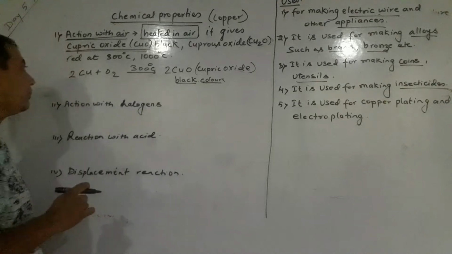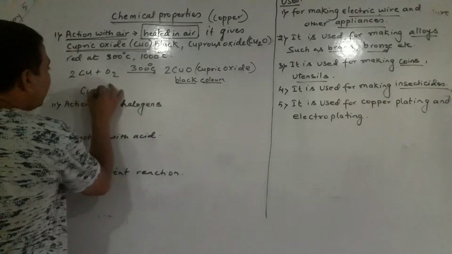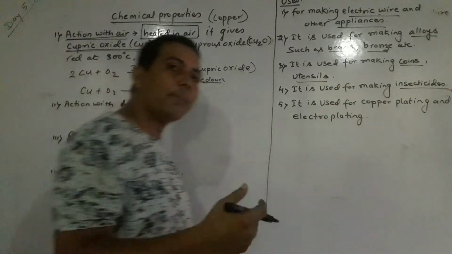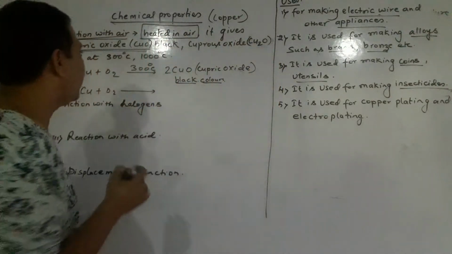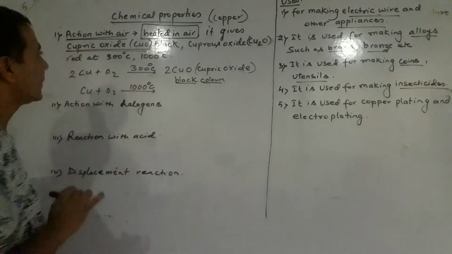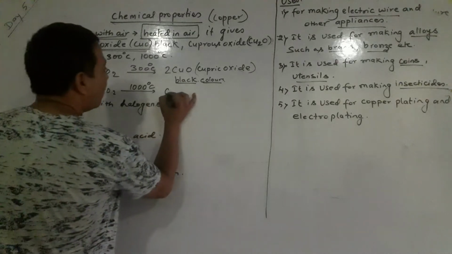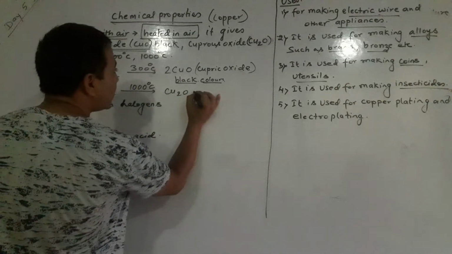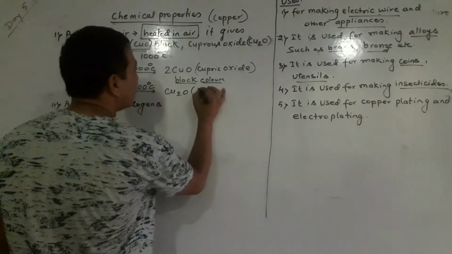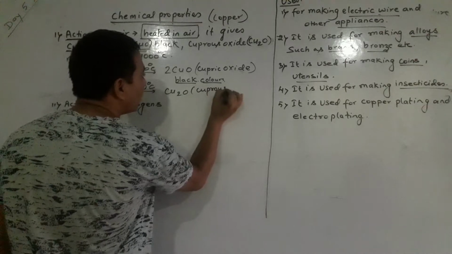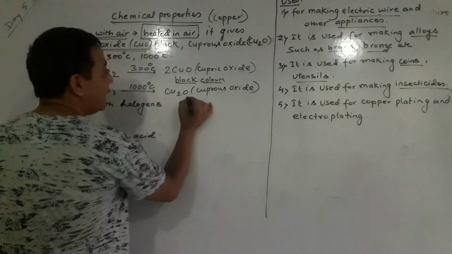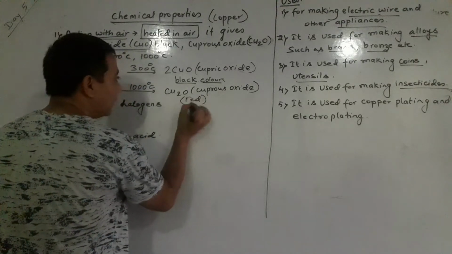Again, if it reacts with oxygen at a higher temperature, suppose the temperature is increased from 300 degrees to 1000 degrees Celsius, then it will form cuprous oxide, and it will be red in color.